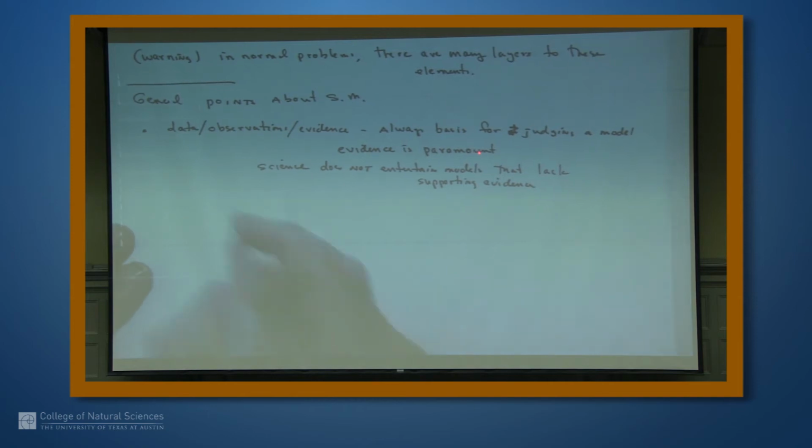The next point's a bit long, so I'm going to start a new page with it. So the second point: acceptance does not mean that a model is correct.